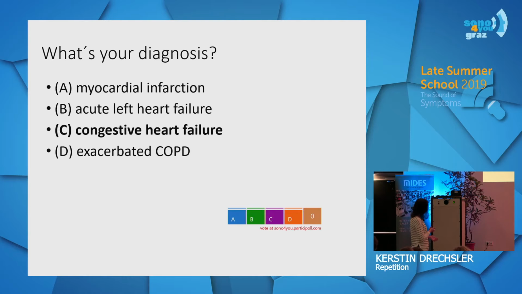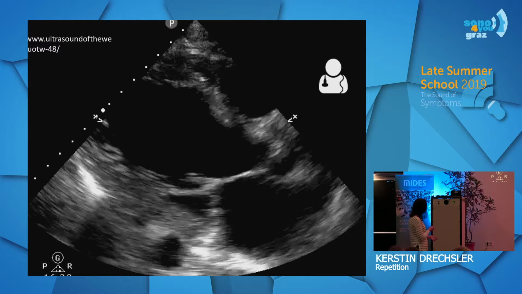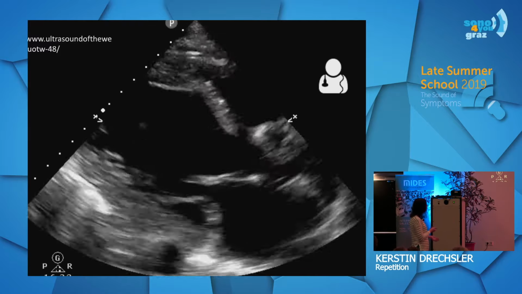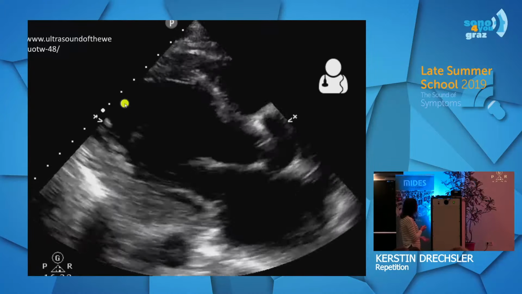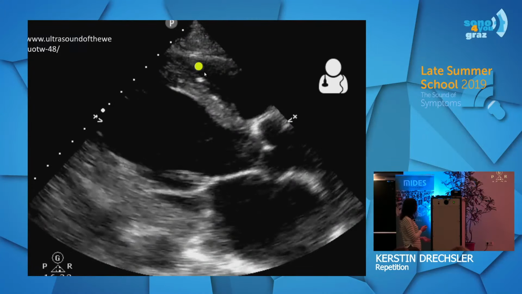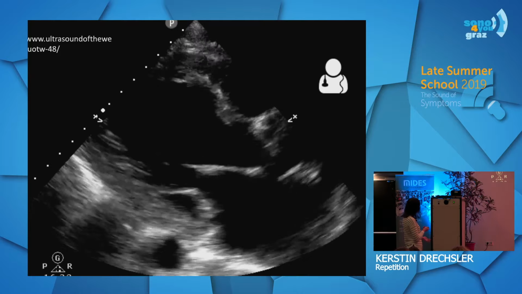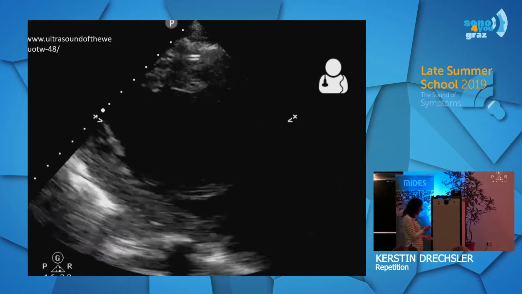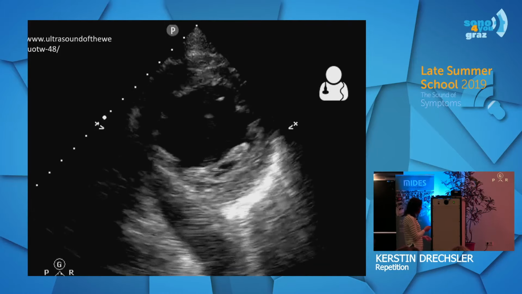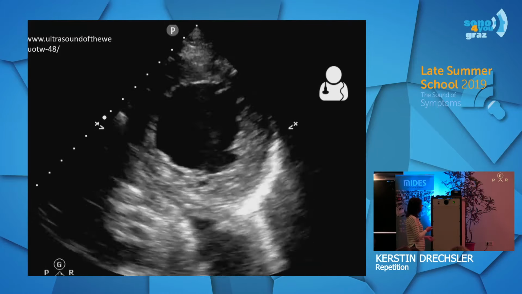I'll explain you why. So in the first section, we are actually seeing the parasternal long axis, and we see a massively dilated left ventricle, and you also see the bowing into the right ventricle. And you might also notice that the contractility of the left ventricle is relatively low. That's what you see in the parasternal short axis as well.